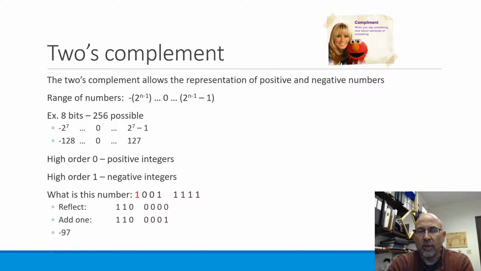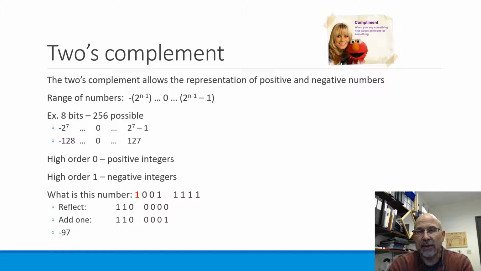Normally the way that we think of positive and negative numbers in a set of 8 bits is with the formula that you see there: negative 2 to the n minus 1, all the way down to 0, and then to positive 2 to the n minus 1, minus 1. Well, what's n in this case? n is the number of bits, so it's 8.